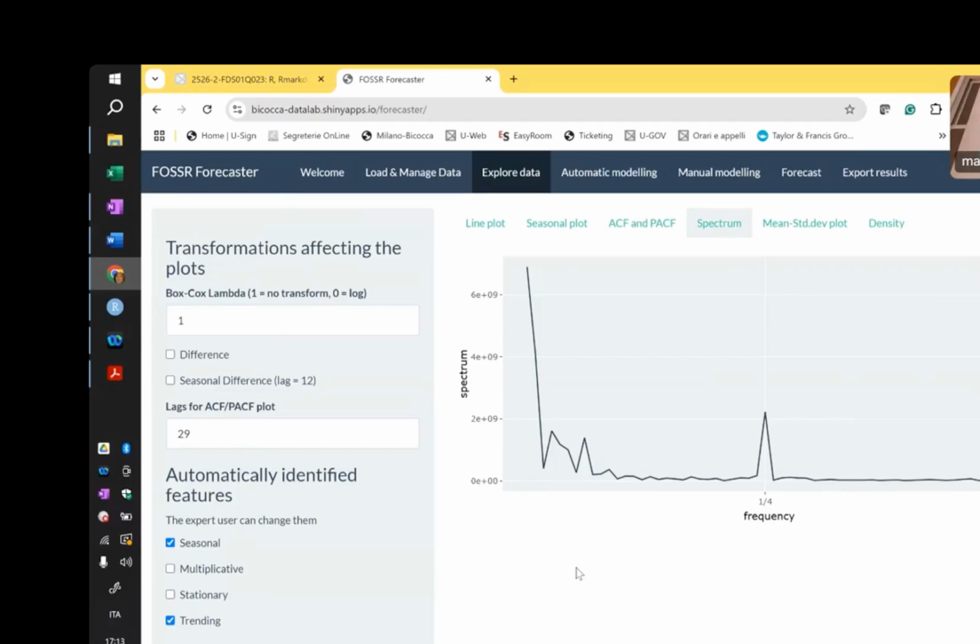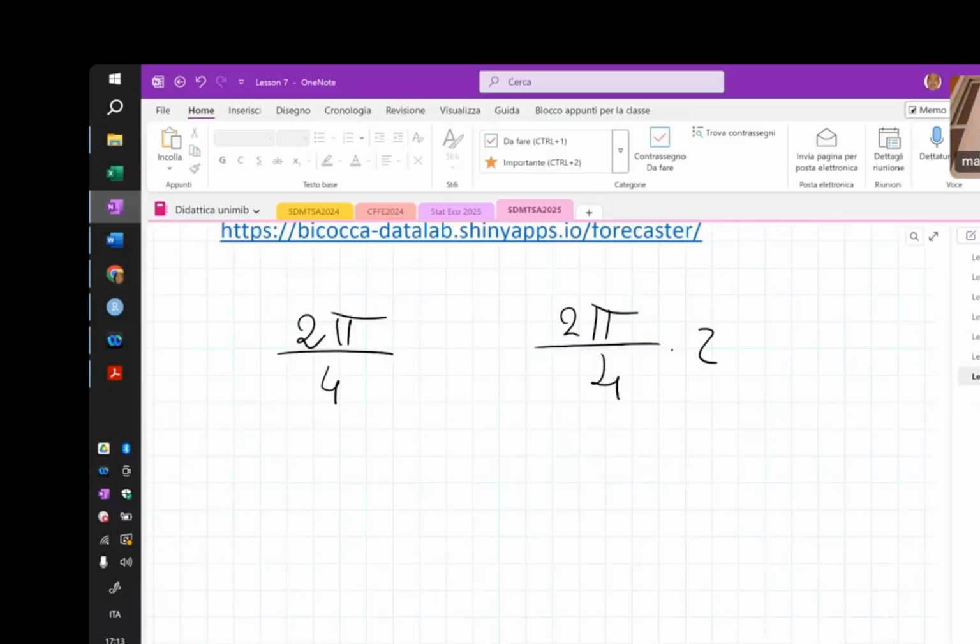This is equal to pi divided by 2, and this is equal to pi. Here in the plot, this is always times pi. I didn't put pi there. Actually, this is half pi. It's just the way you usually plot this kind of plot.